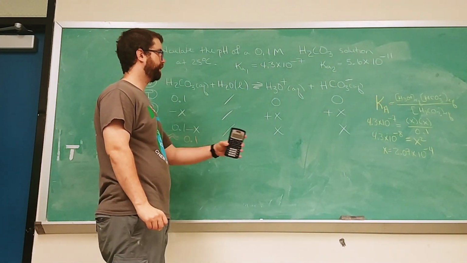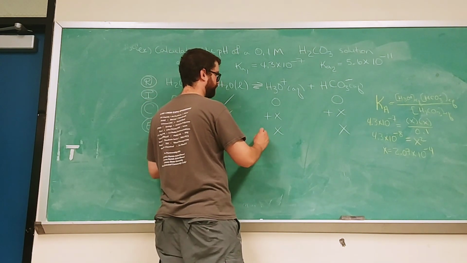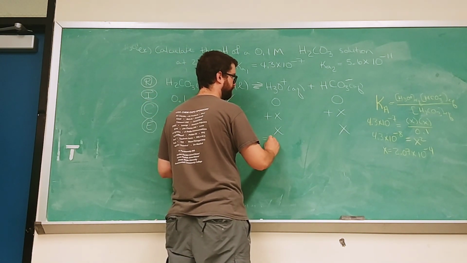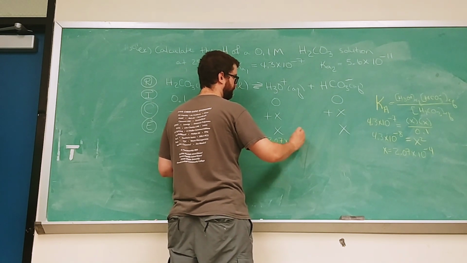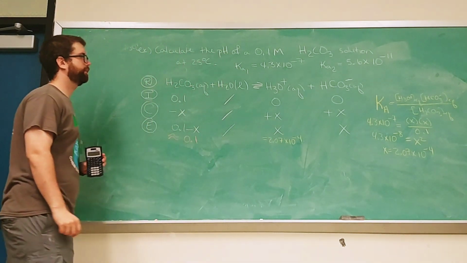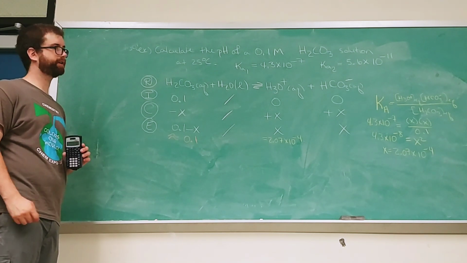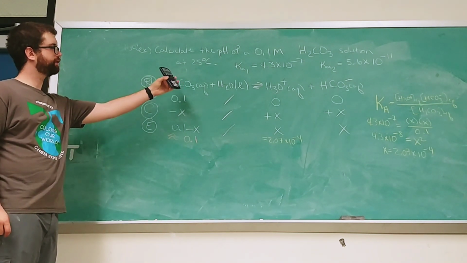So that's my value for x. I can come back and bring that over here. This is 2.07 times 10 to the negative 4. There's my H3O plus concentration from the first deprotonation.